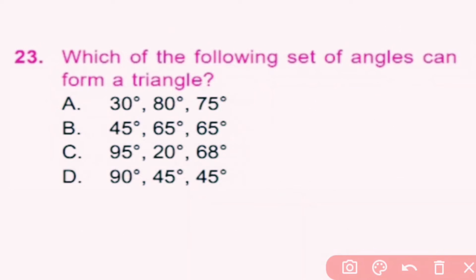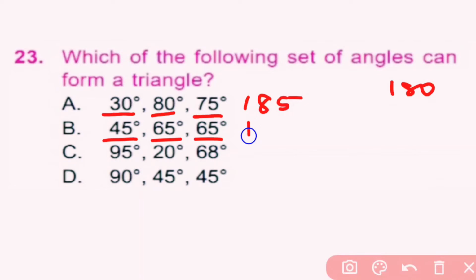Question number 23. Which of the following sets of angles can form a triangle? The sum of the three angles in a triangle should be 180. In option A, the addition of 30, 80 and 75 is 185, which is more than 180. Addition of 45, 65 and 65 is 175, which is less than 180.